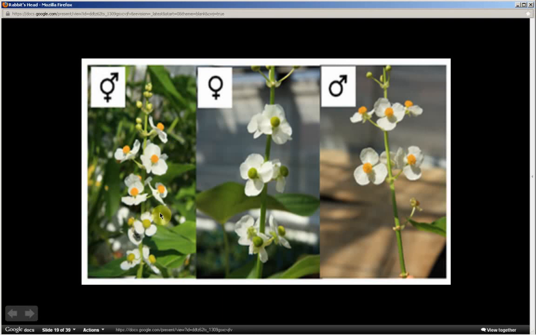Male flowers at the top and the female flowers below, when they occur on the same plant. Not as often, but sometimes you'll find plants which are just of one sex or the other, not both.